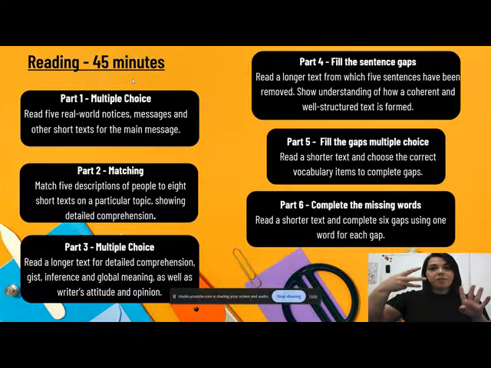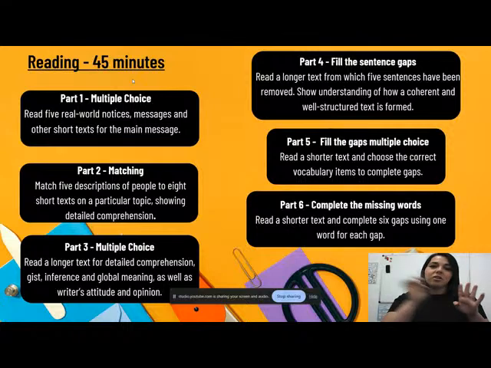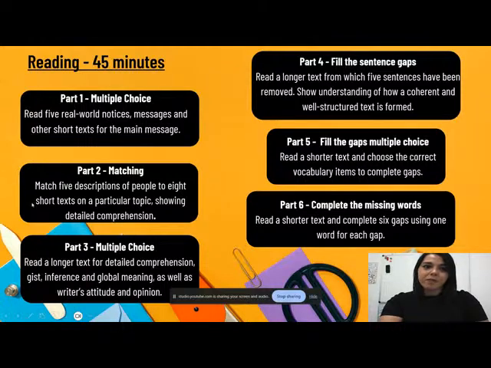You will then have 3 different options that you need to choose from that best corresponds to the meaning of that notice. In part 2, the second part of the reading, it's a matching activity. So we have to match 5 people to 5 descriptions.